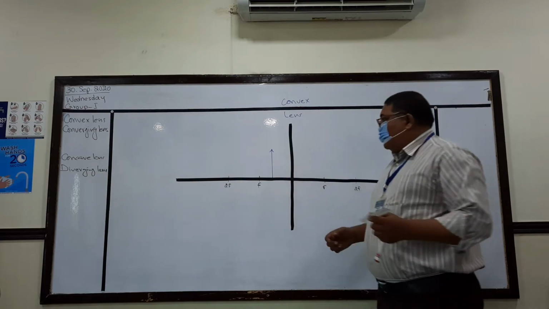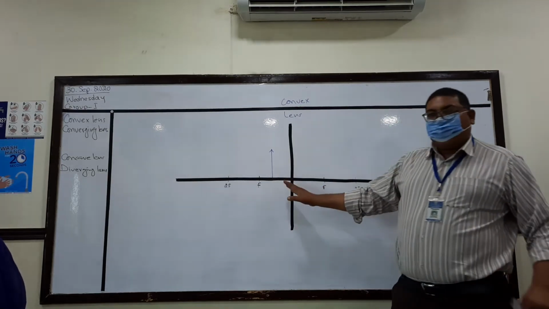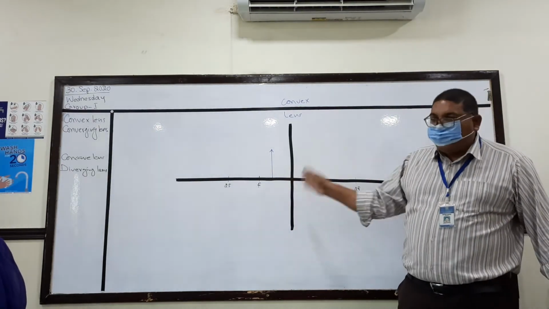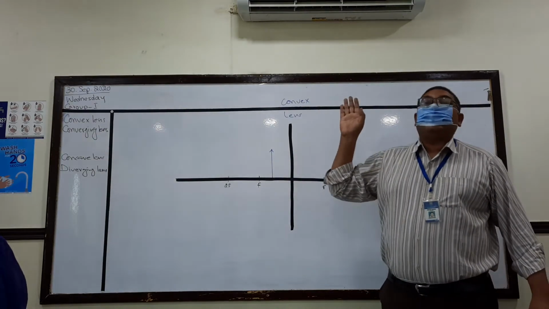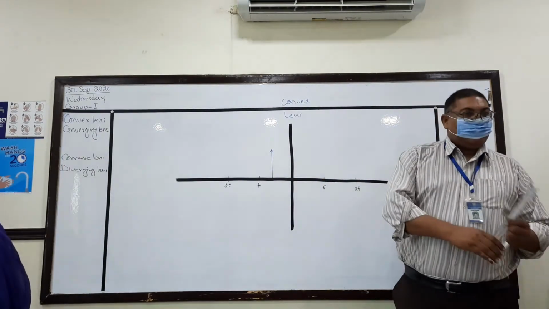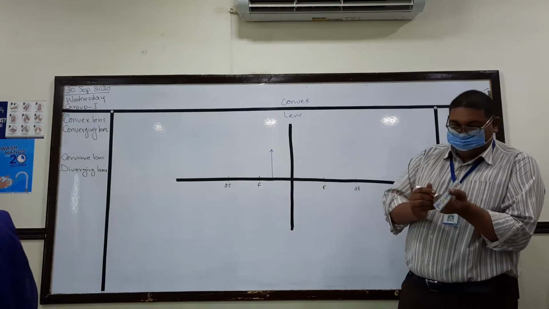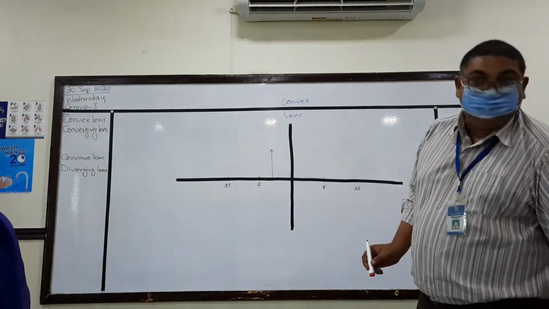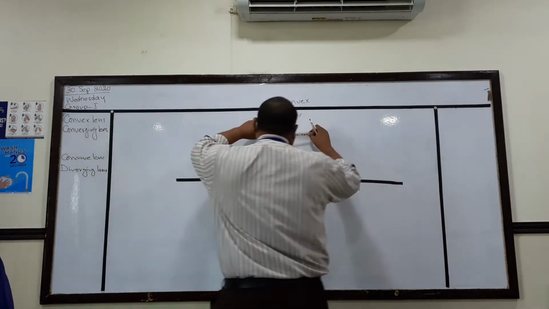So the distance of the object right now from the convex lens is less than the focal length. It's a very important case. It's a famous case. So let's see what happens.